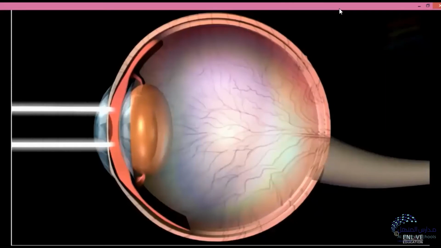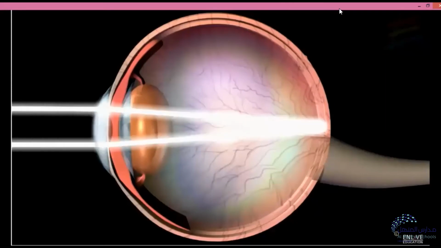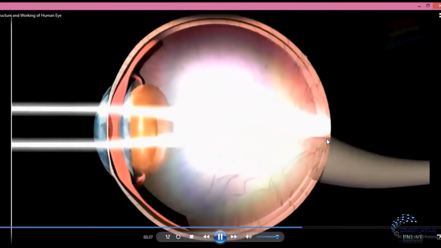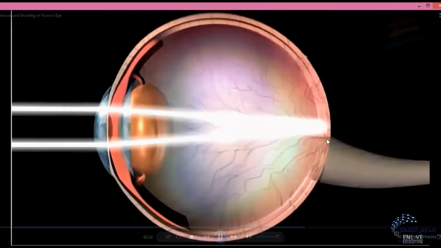The reflected light of the world enters through the crystal transparency of the cornea, pupil, aqueous humor, lens and vitreous humor, which is a clear gel-like substance that fills the middle of the eye, and then projects onto the photoreceptors of the retina, which is a photosensitive tissue lying at the back of the eye.